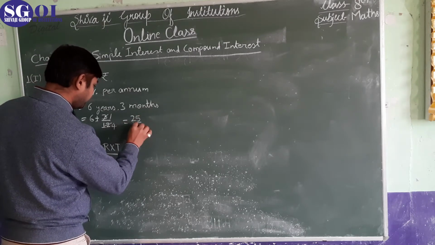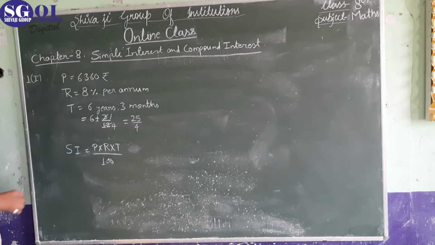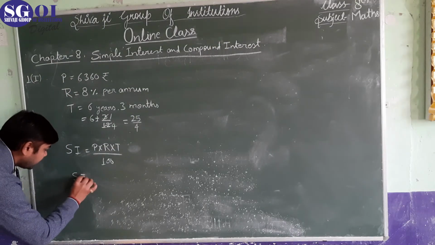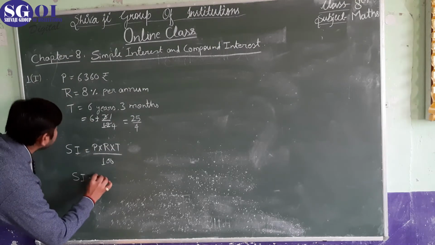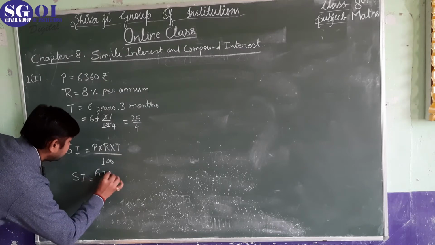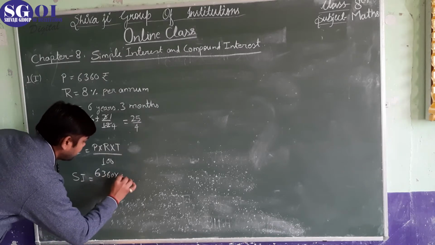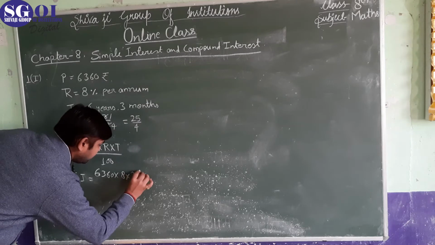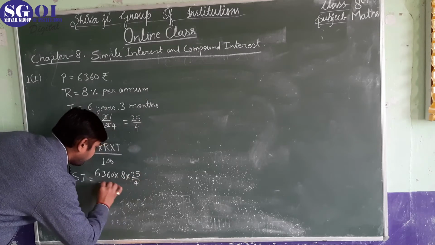So this will become 25 upon 4. Okay. So we put in the formula: simple interest equal to principal 6360 into 8 into 25 upon 4 upon 100.